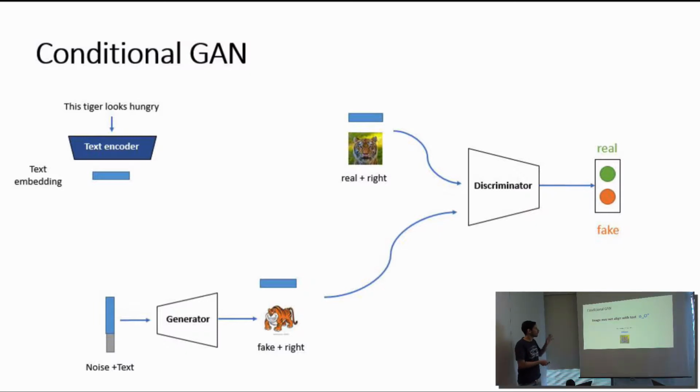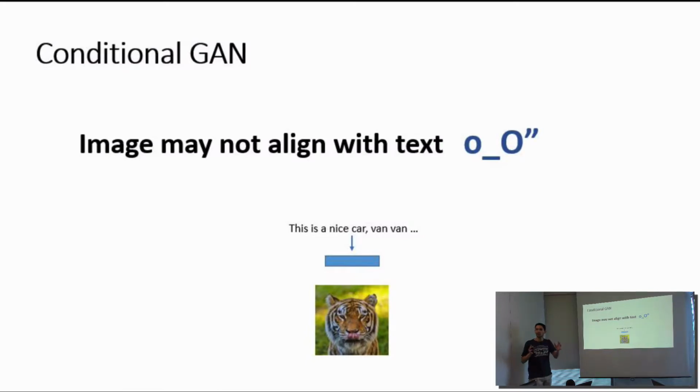The image may not align with the text. Why? Because as long as you input some right text, which looks like real text, because we are not generating the text, we always input the right text to the discriminator. So as long as we input some right text plus some real-looking images, it will put it in the real class, even if they don't align with each other.